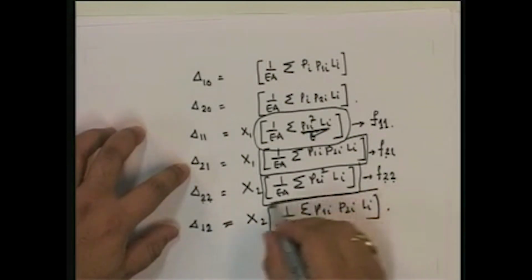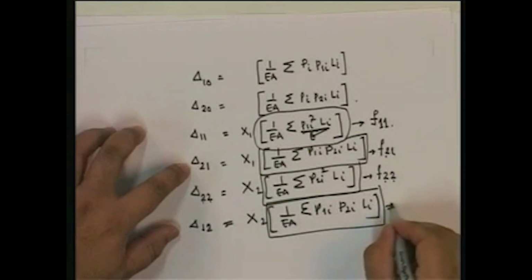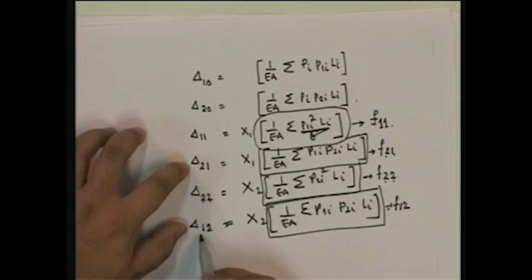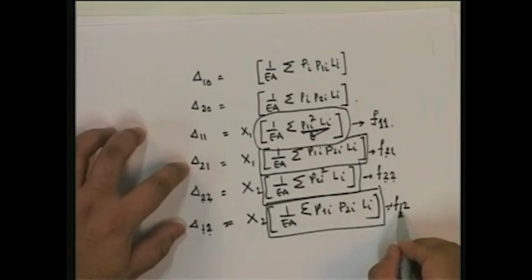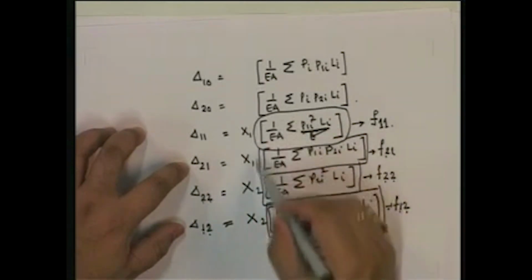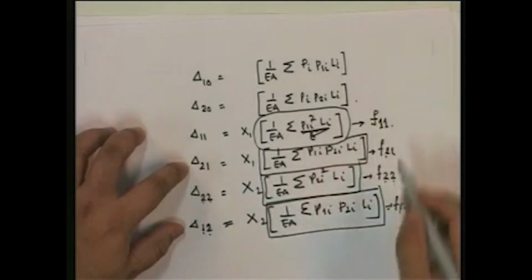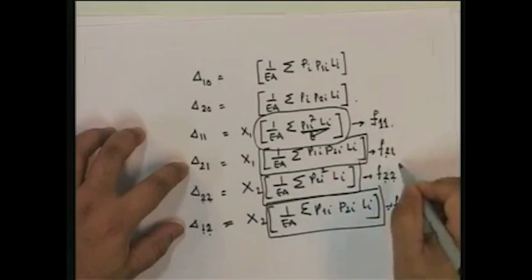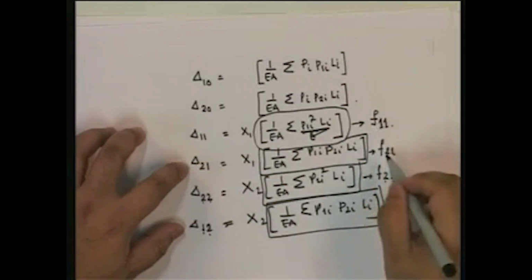And this part is F12, the displacement at 1 due to a unit load at 2. All these are nothing but the flexibility coefficients for this structure.